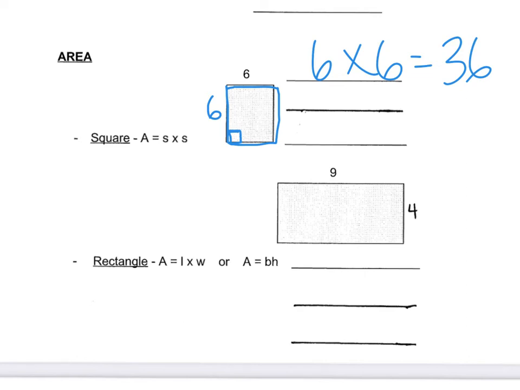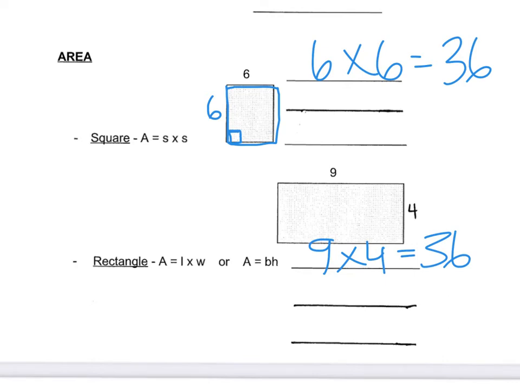In this case, I'm looking at a side length of 9 and a width of 4. So really and truly, this is just a math fact here. 9 times 4, I'm going to get 36 like I got up above, but I'm dealing with a different shape here. I've got 9 as a side length and then 4 as a side length. I just have the same product after I multiply.